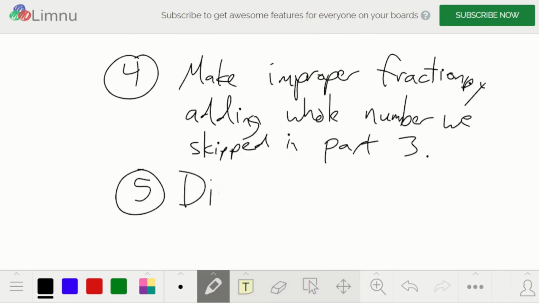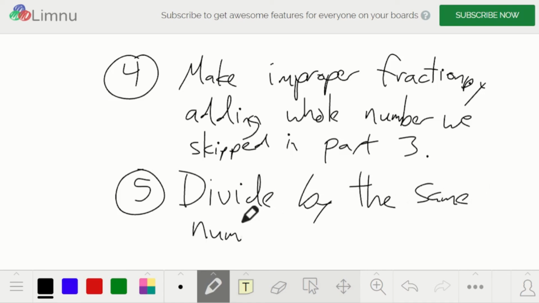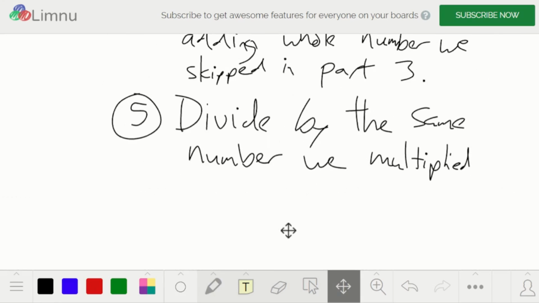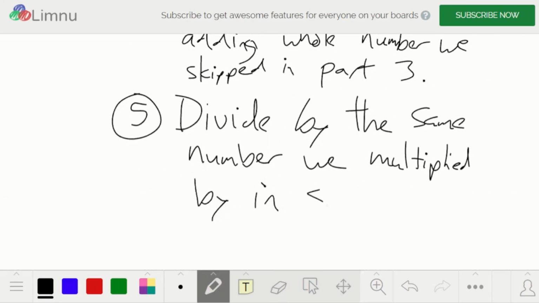Now we have to undo what we did in step 2 by multiplying. Divide by the same number we multiplied by in step 2.